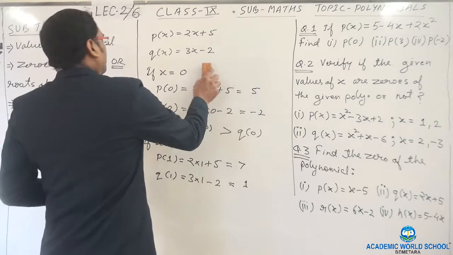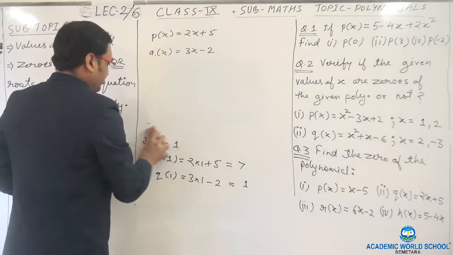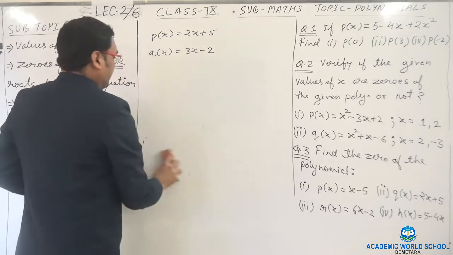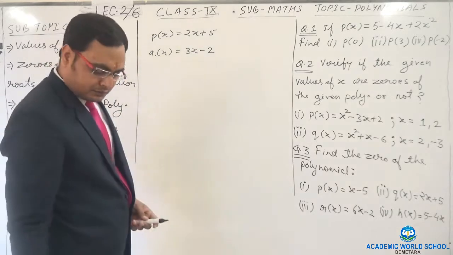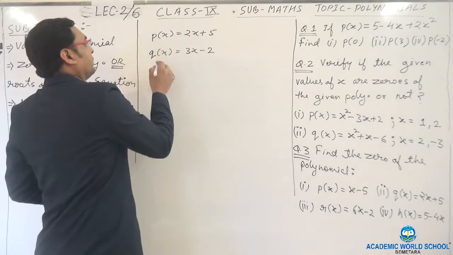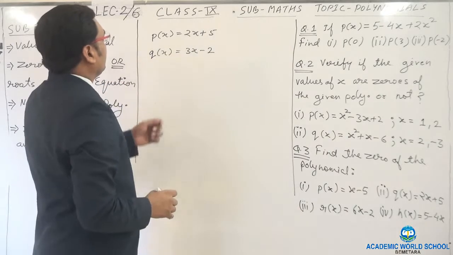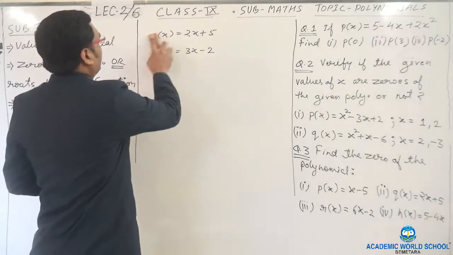Further, suppose I put some value of the variable x and that gives me the value of the polynomial equal to 0. For example, here we will take some other example.